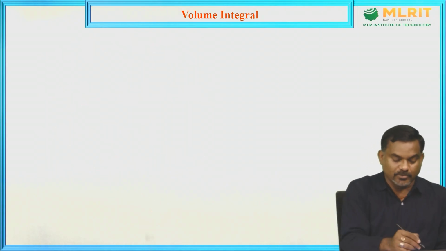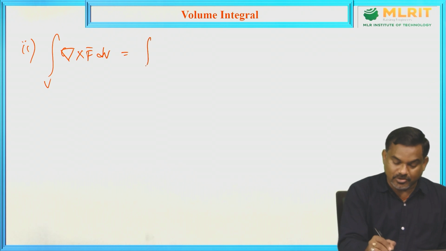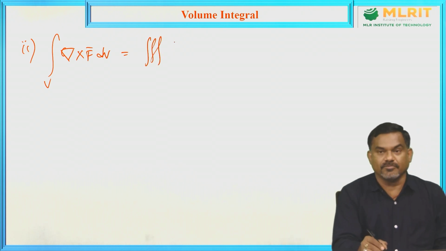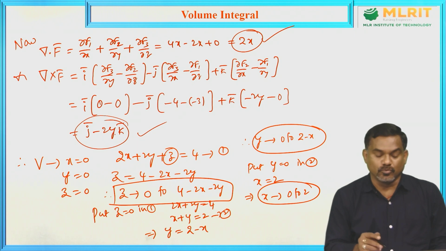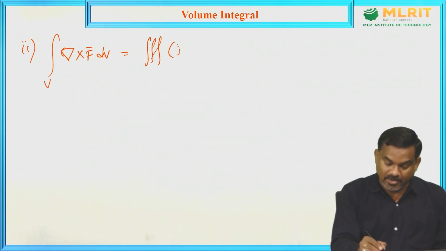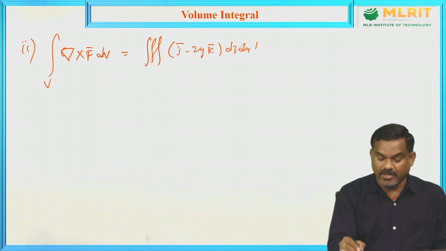Similarly, we need to evaluate the volume integral of del cross f bar dv, which is the triple integral of del cross f bar, a vector: j bar minus 2y k bar, dz dy dx.